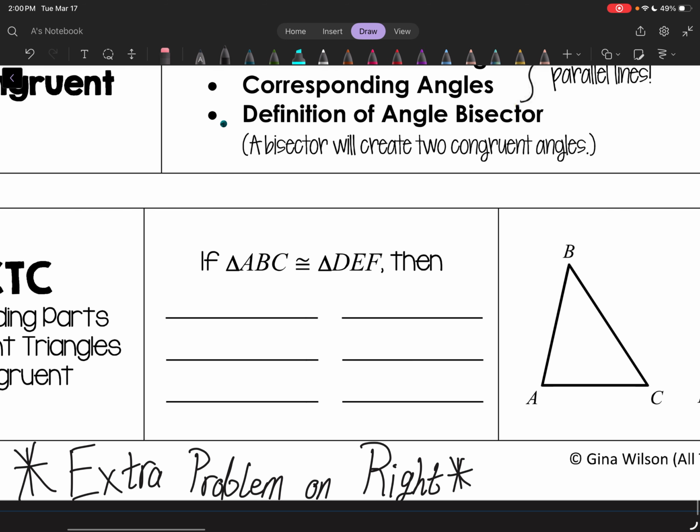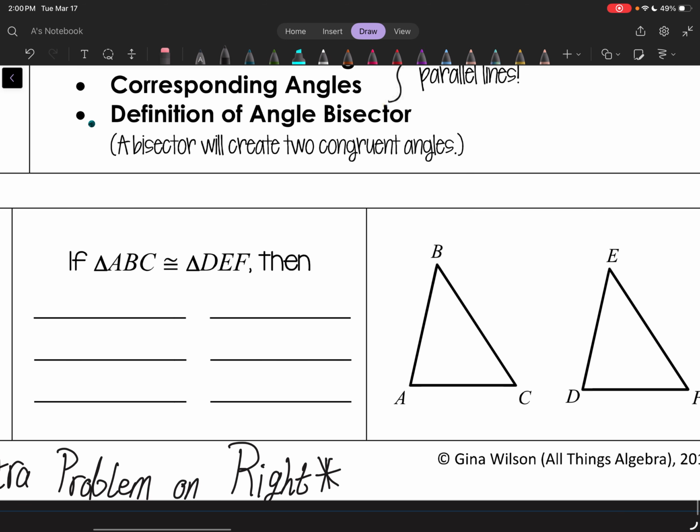If triangle ABC, we've already done this, is congruent to DEF, then I know AB will be congruent to DE, BC congruent to EF, CA and FD.